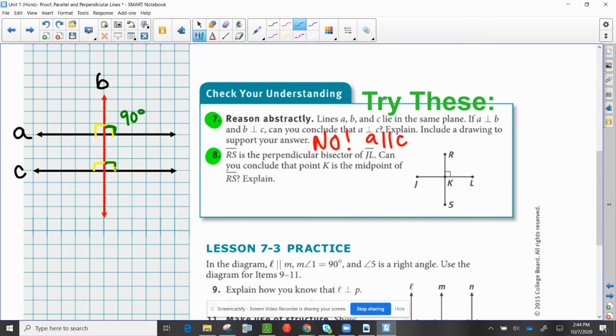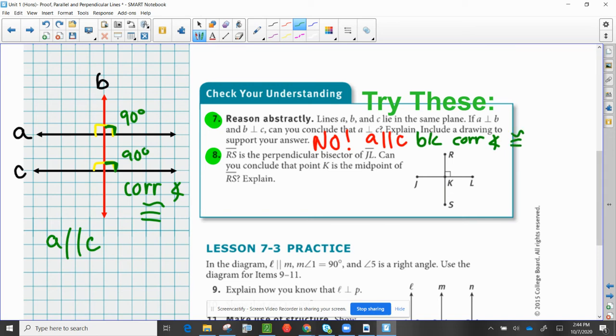This angle here is a corresponding angle, which is also 90 degrees, based on the fact that we know they're perpendicular. So here we have corresponding angles, which we know are congruent, helping us prove parallel lines. So we could say they're parallel because we have corresponding angles.